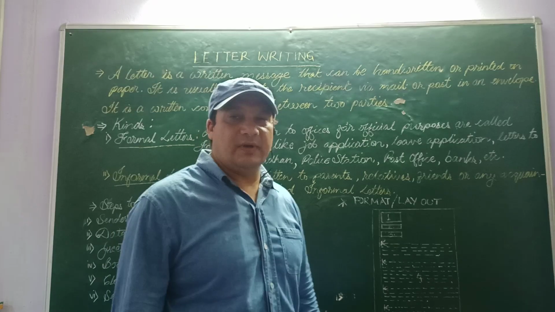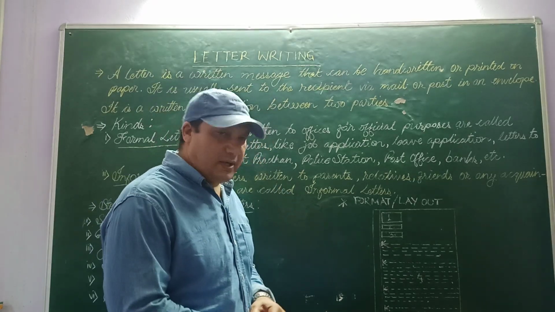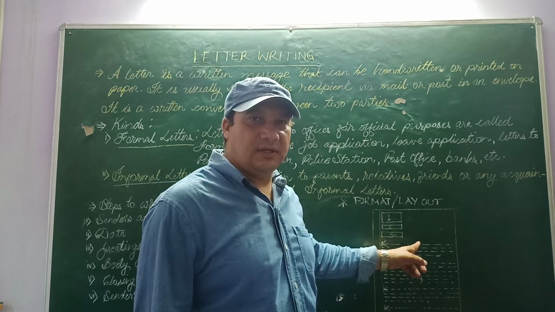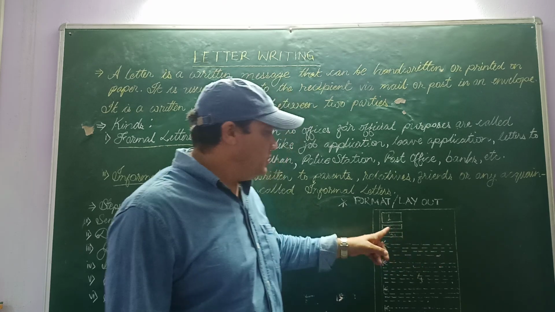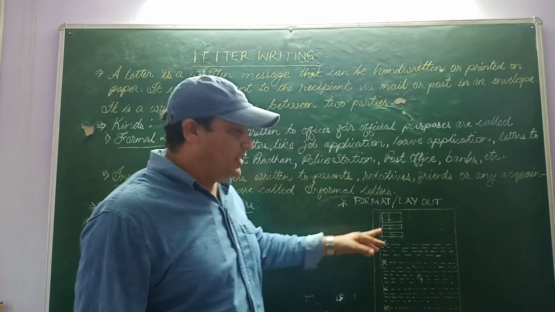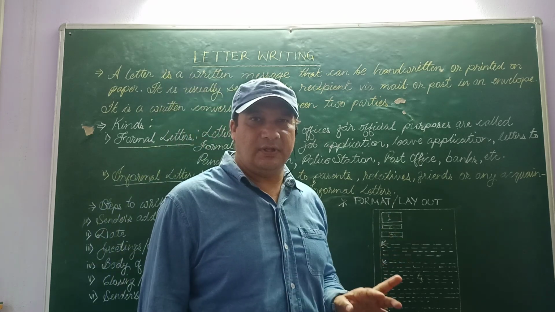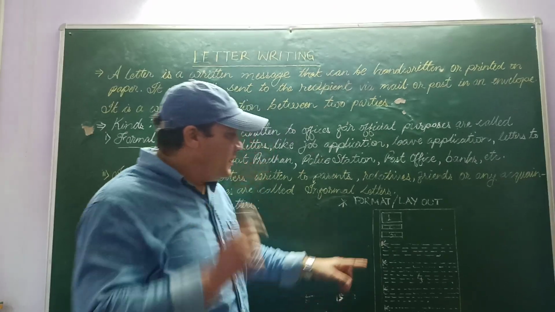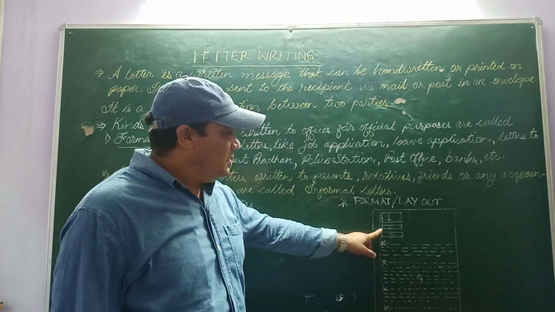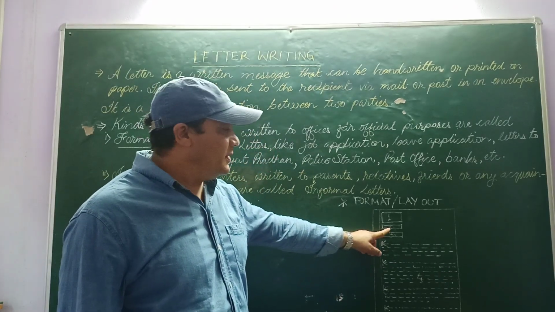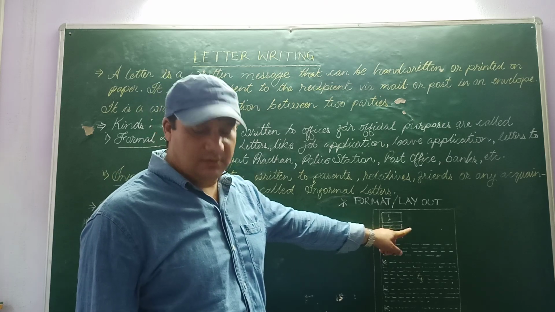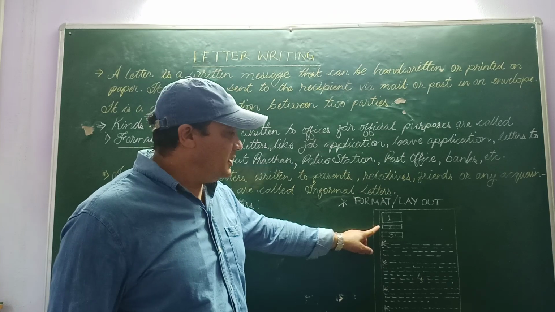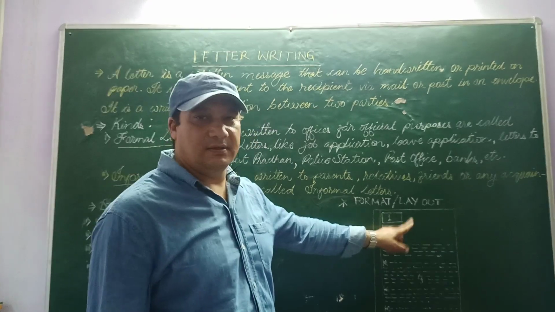There are two patterns of writing dates. One is you start with the number, then the month, and then the year, or you start with the month, then the date, and then the year. These are the two ways of writing the dates. One, again see, start with the date, then write the month, then the year, or write the name of the month, then the date, and then the year.